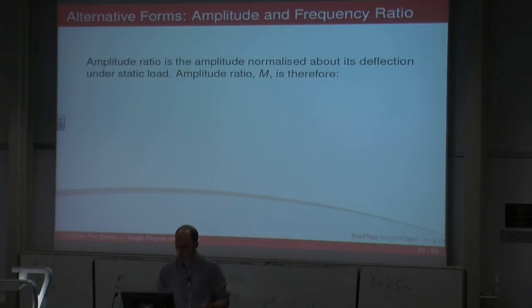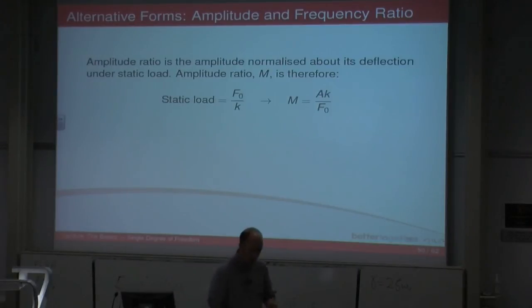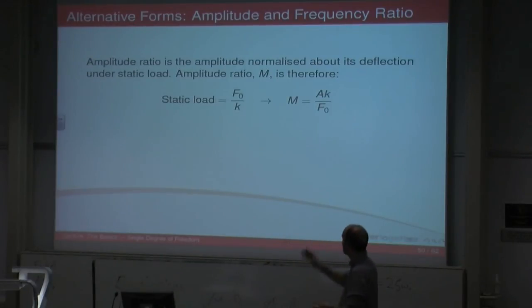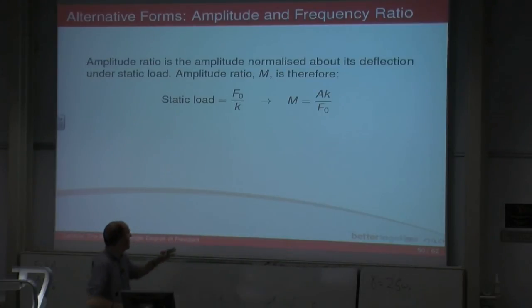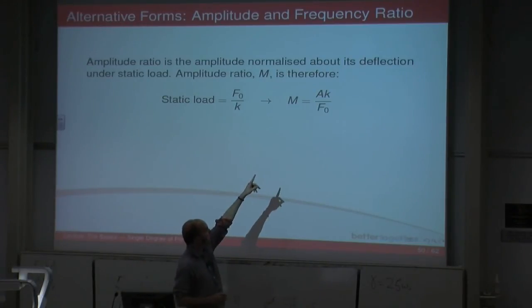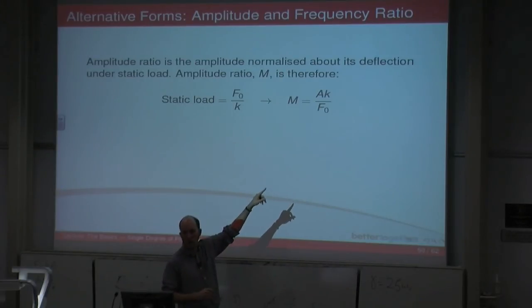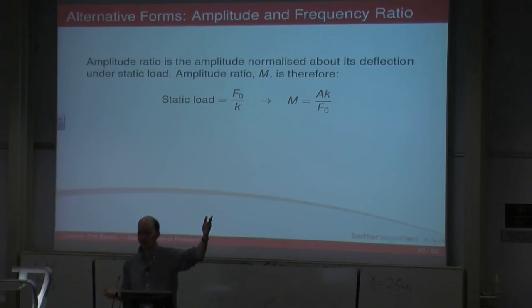Amplitude ratio. Well, we talked a little bit about this. Remember, static displacement is F0 upon K. Now if you divide f0 upon k by the amplitude that you're actually at, you get a ratio, and that ratio basically is normalised about the static displacement. If you take amplitude, that is the static displacement, you've got f0 upon k times by k upon f0 equals 1, okay?